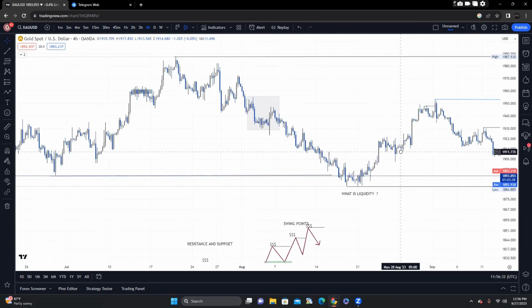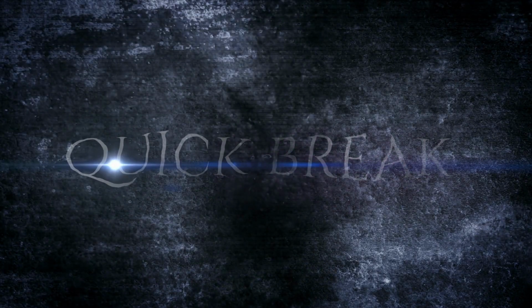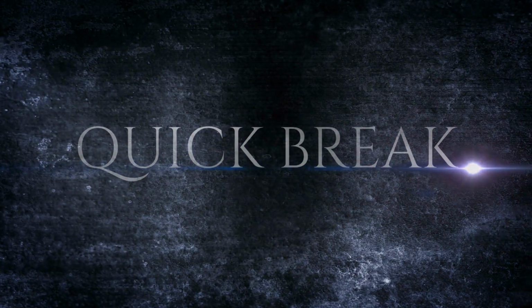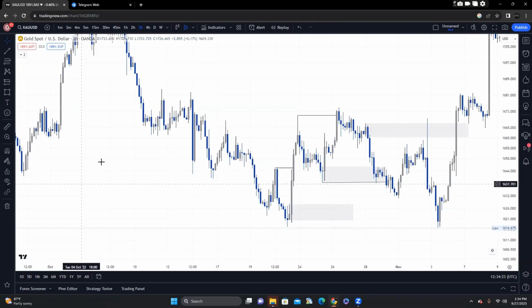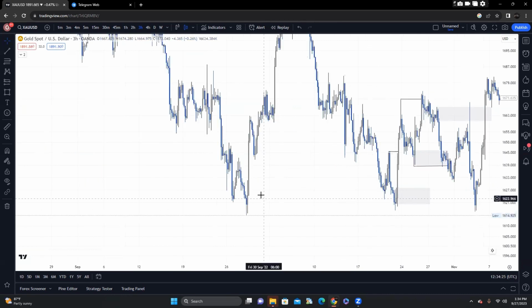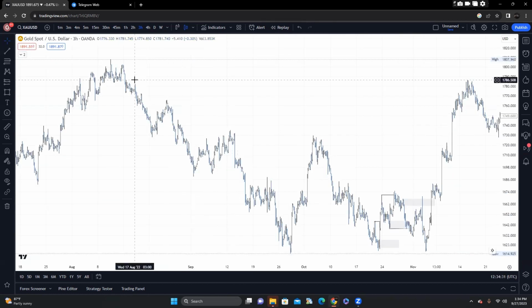Let's look for some areas of liquidity now and how price reacted off of them. To this level. Now for me, since I can see that the market has respected this level previously, causing a big change of character here, because we are swinging from this low and now going high, right?